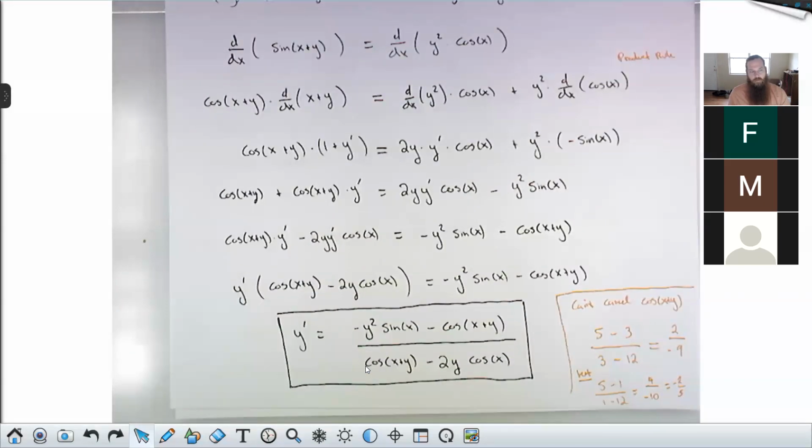So the question, can I cancel this, is something that you need to ask yourself very carefully. And the right way to answer that question to yourself, like on a test or in homework or anytime you're working with algebra, is can I factor it out? If you can factor it out from both the top and the bottom, then you can cancel. So my safety guideline here for canceling in fractions, we need safety guidelines just like OSHA.